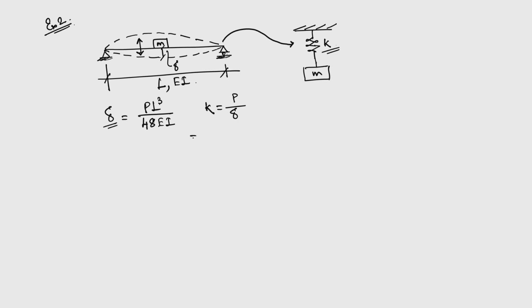The moment we do that, we get K, the spring constant, as P divided by P L cube over 48 EI. Obviously, this is equal to 48 EI divided by L cube. So, that is the spring stiffness.